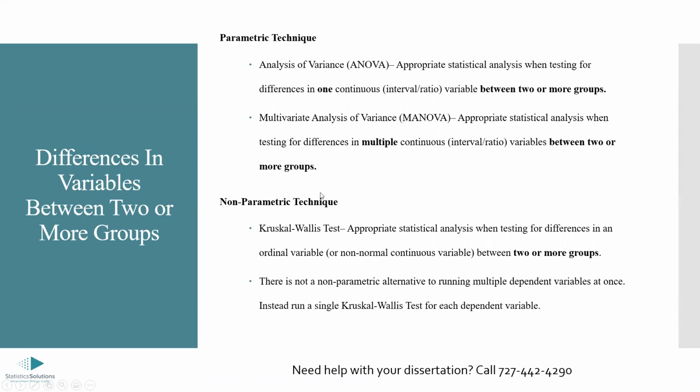And then the non-parametric alternative to this is a Kruskal-Wallis test. A Kruskal-Wallis is the non-parametric version to an ANOVA. Unfortunately, there isn't a non-parametric version to a MANOVA. You just have to do multiple Kruskal-Wallis tests instead.